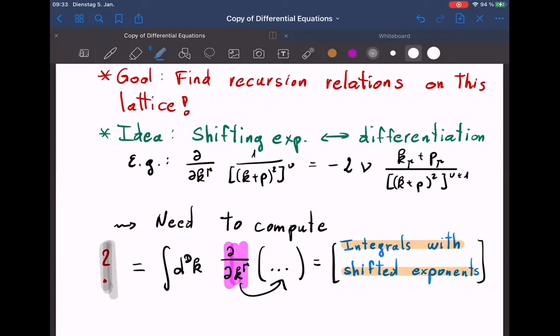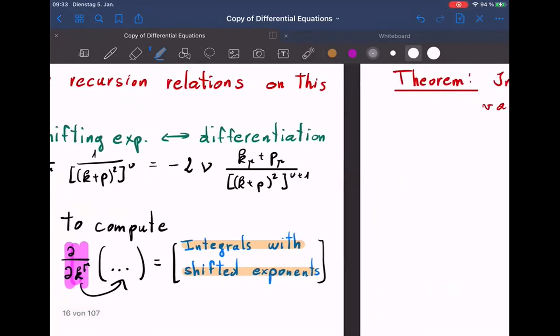I guess you can kind of guess it, because this integral looks very much like the integral of a total derivative. So it would be like the value at the boundary, but my integration domain has no boundary. So naturally, the only thing it can possibly be is 0.